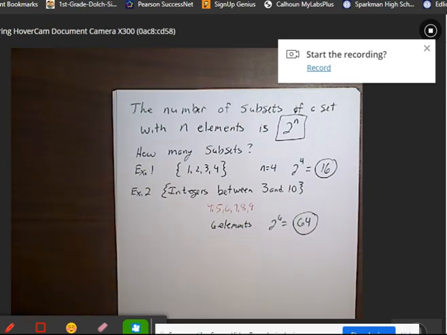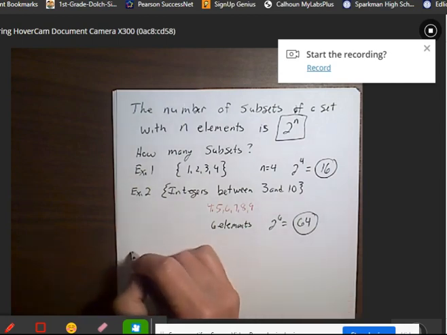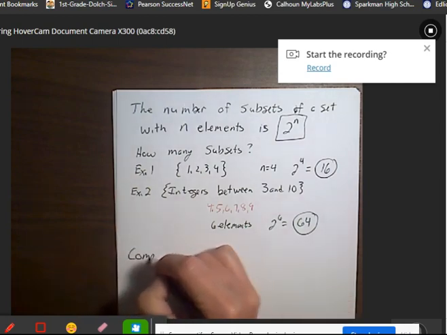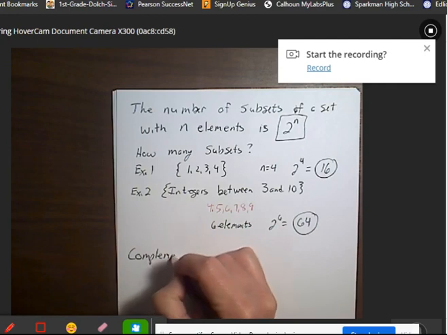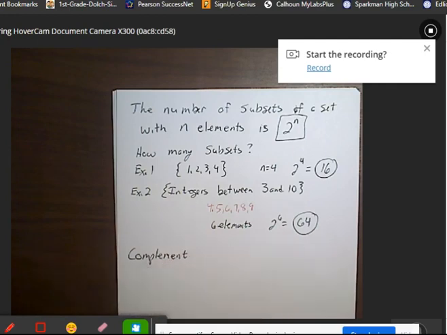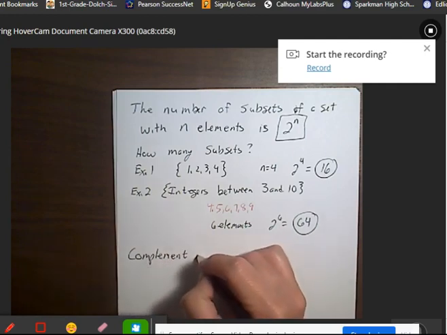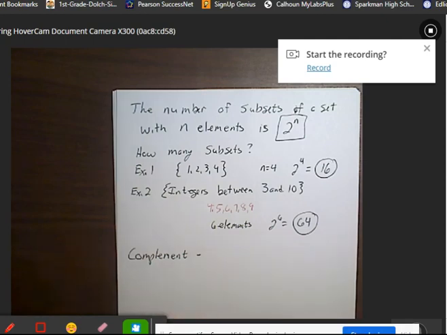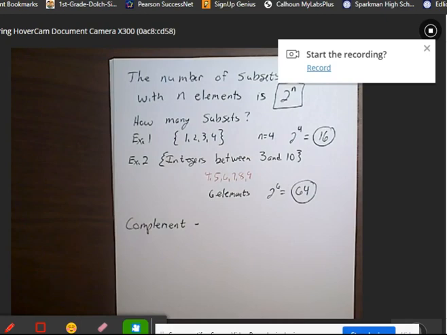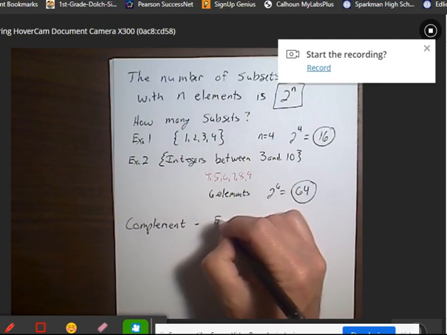Okay, and once they go through that one, one of the other terms that they're going to talk about is complement. And when they talk about complements in this case, complement is basically everything that is not in the set.